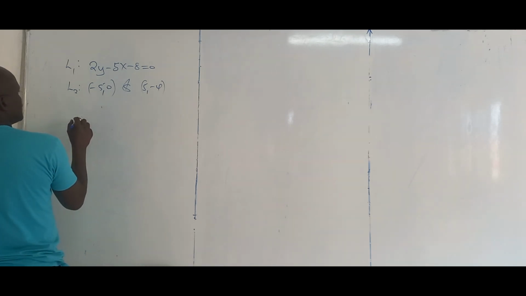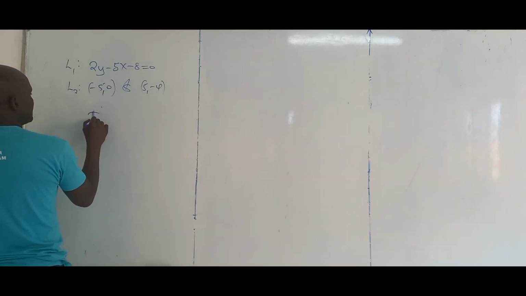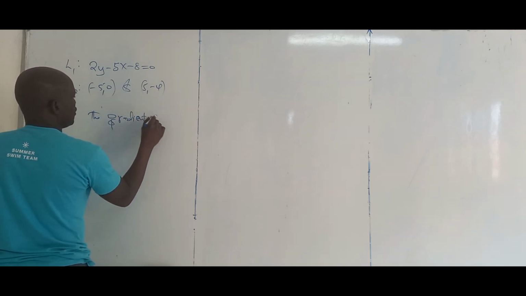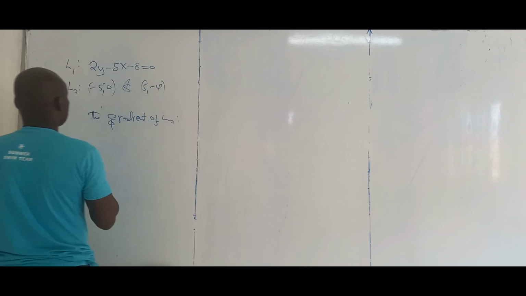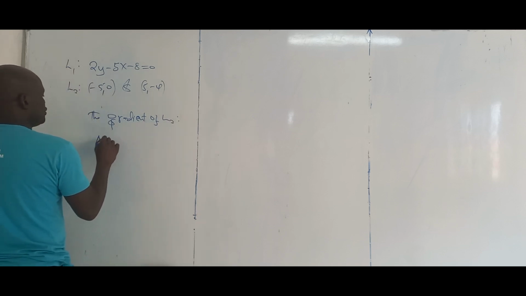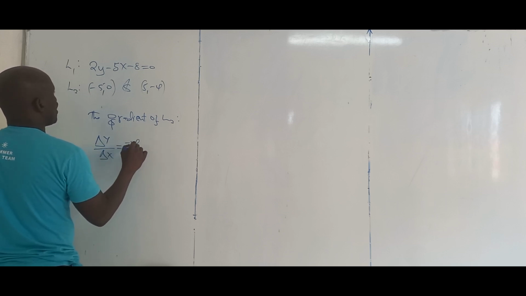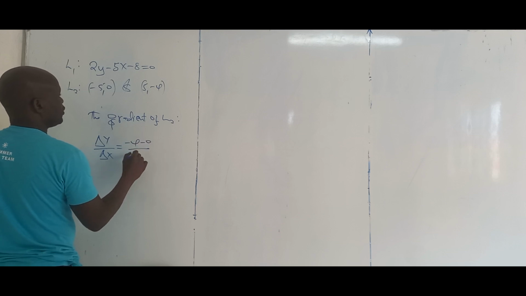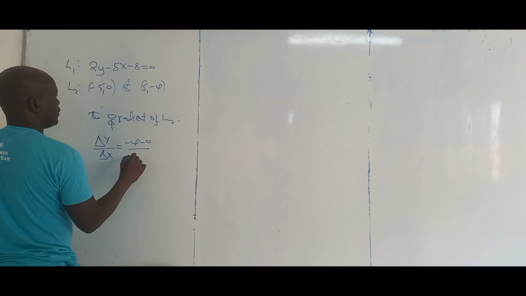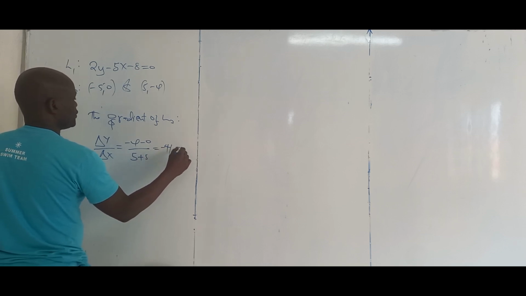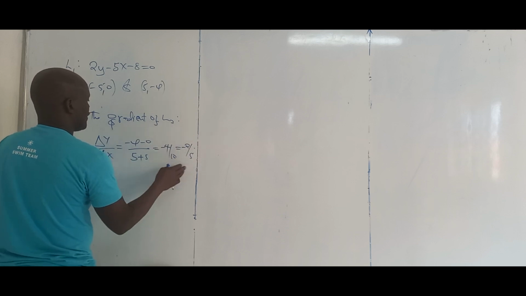line 2. So the gradient of L2 will be change in y over change in x, which is equal to minus 4 minus 0 all over 5 plus 5, and that is minus 4 over 10, which is minus 2 over 5.